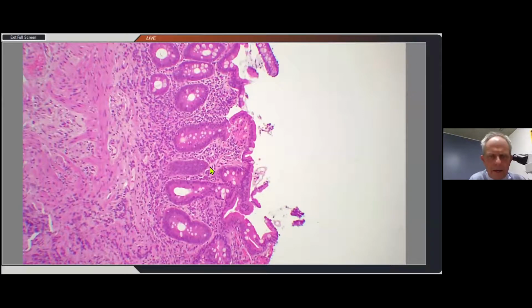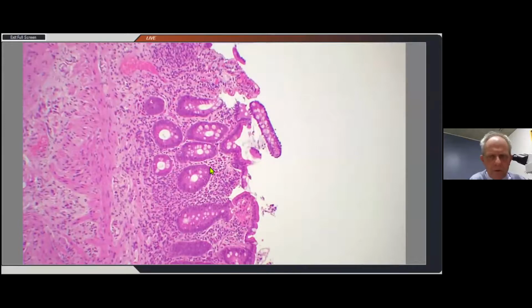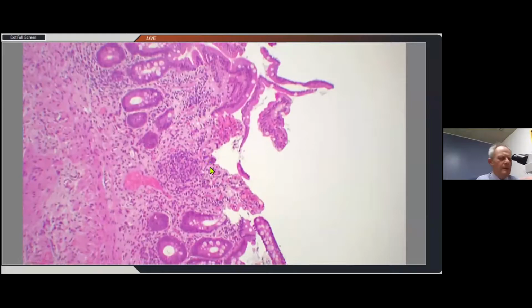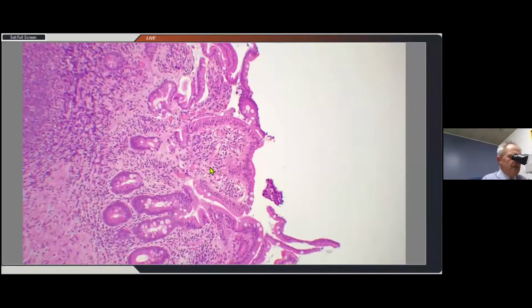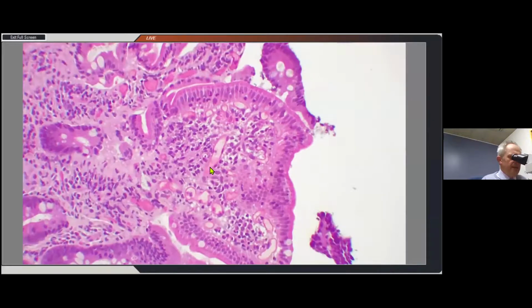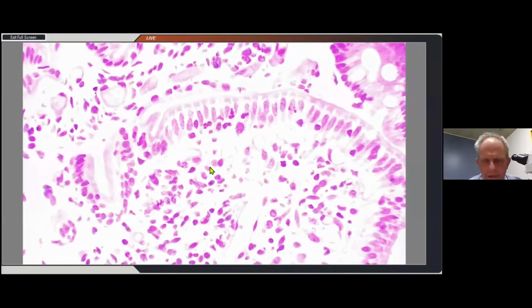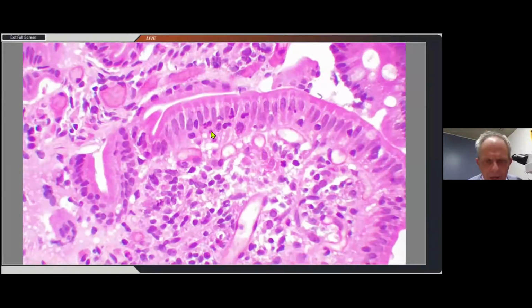If you look at this, the first thing that you would think of would be celiac disease. However, the features of celiac disease, I think most of you will recognize. So you say, I think this is probably a celiac, he's got diarrhea, and then to your surprise, you see that there are neutrophils.